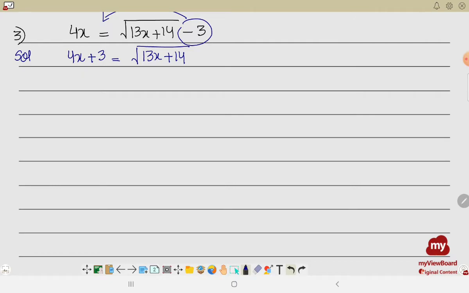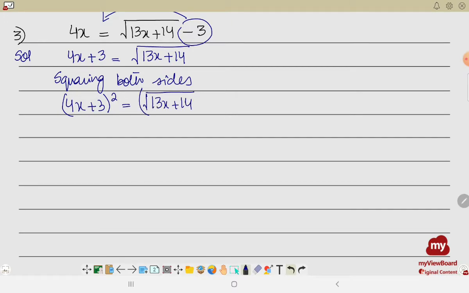Now our equation is in the standard radical form of type 1, so we'll write squaring both sides. So we'll square both sides: (4x + 3) whole square, and (13x + 14) whole square.